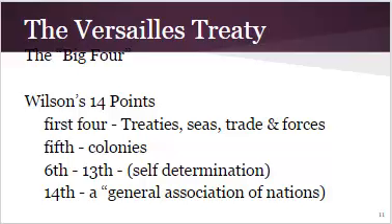Remember, Russia would normally be there, but they're in the midst of a civil war, so they're not represented. They got their own problems. So these four, Wilson, Clemenceau, David Lloyd George, and Vittorio, are going to design this treaty.